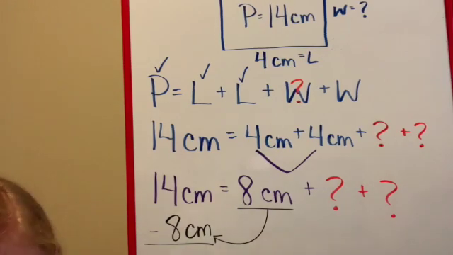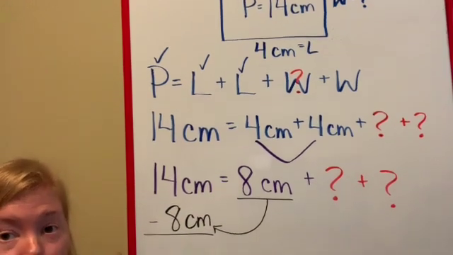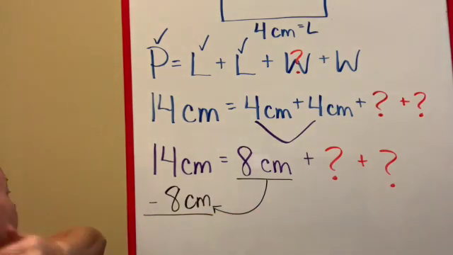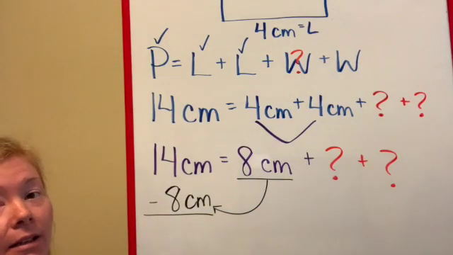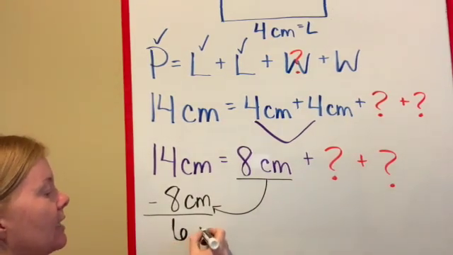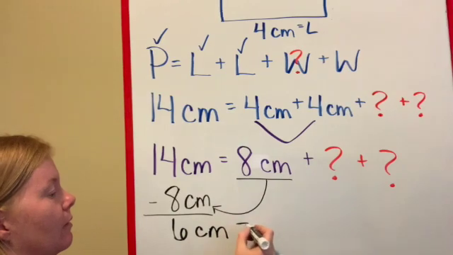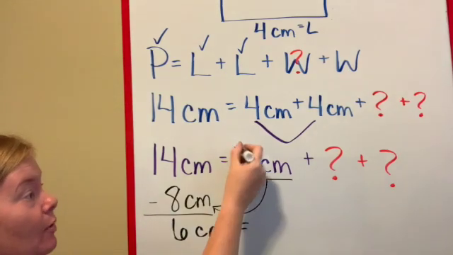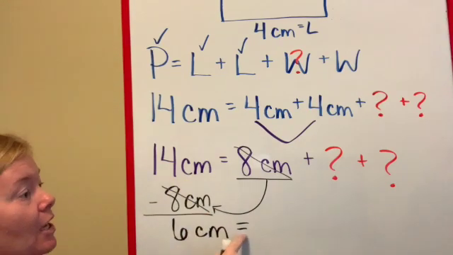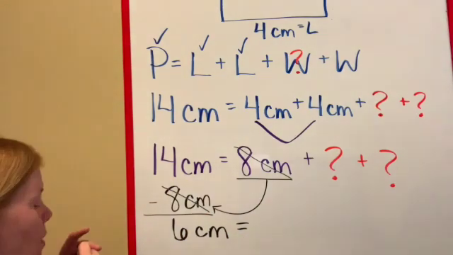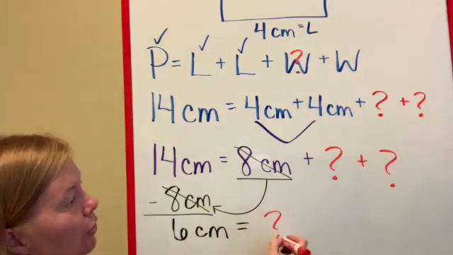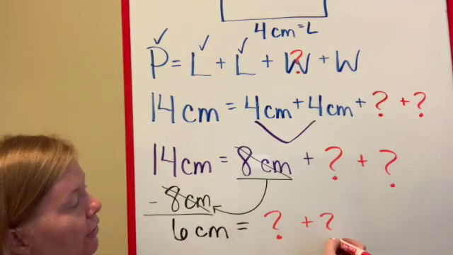You're doing that so that you can figure out how much you have left for these two to equal. 14 minus 8 leaves us with, perfect, 6 centimeters. And then, because we've already used the 8, all we have left is 6 centimeters equals our question mark plus our question mark. And then it becomes much easier.